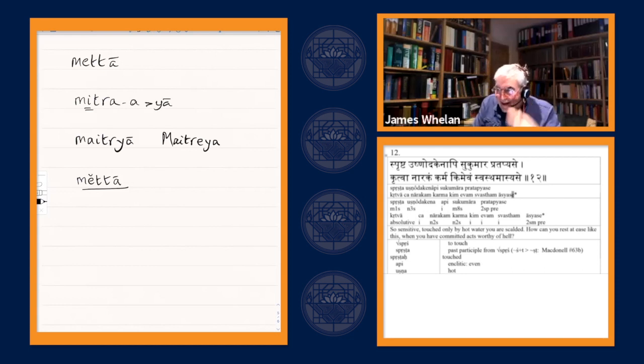So Maitreya is the person who has the characteristic of being full of maitriya, or in Pali, metta. So that's the origin of the Maitreya Buddha, the Buddha of metta. In Pali it would be Metteya Buddha, but Maitreya Buddha in Sanskrit.